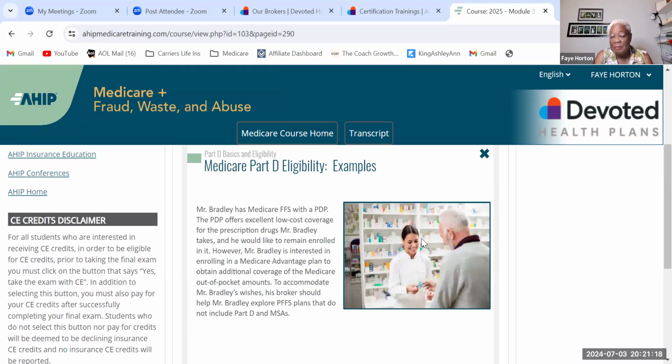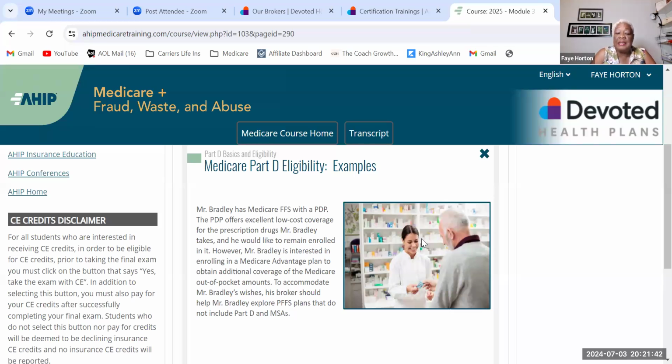Mr. Bradley has Medicare fee-for-service with a prescription drug plan. The prescription drug plan offers excellent low-cost coverage for the prescription drugs Mr. Bradley takes, and he would like to remain enrolled in it.